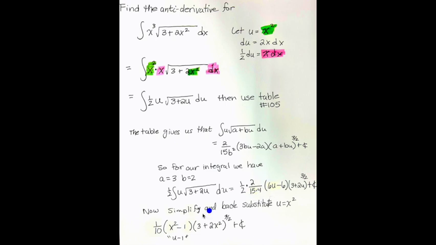So 6 over 60 is 1/10, so that came down here. So inside here, I'm left with u minus 1. And since we're replacing everywhere we see u with x squared, this is now x squared minus 1. This u here, I'm replacing with x squared. So I have 3 plus 2x squared raised to the 3/2 plus c. So now it's simplified and I have everything back in terms of x.